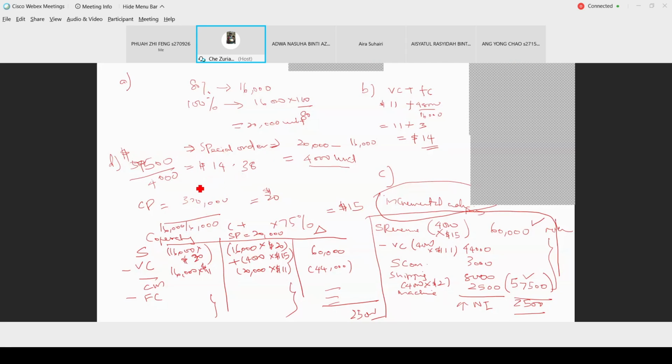So the company needs to earn at least $1.20 per unit. So means that the lowest price that Ramos accepts for the special order is at least 15.58. Yang macam ni. Boleh tak? Campur habis ni. Kalau you tak follow nanti you tak tahu macam mana nak tulis.